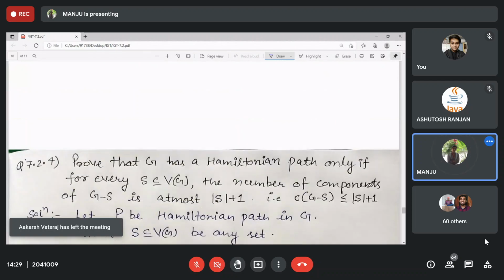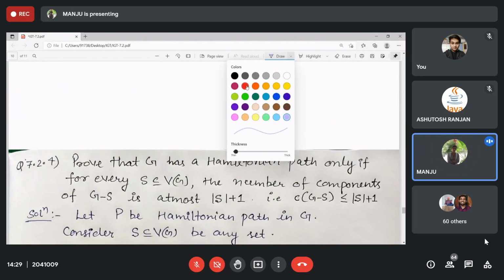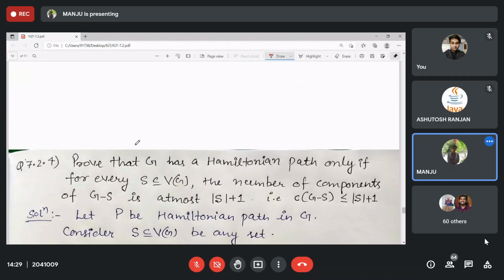Next. Prove that G has a Hamiltonian path implies that the number of components of G minus S is at most this one, less than or equal.